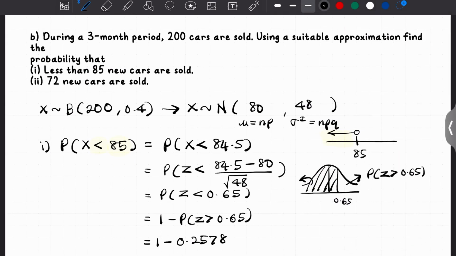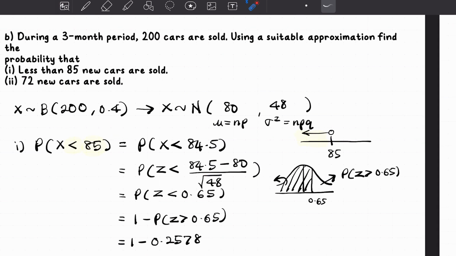Now the second question, the probability of 72 new cars are sold. So we're going to find the probability of X equals 72. But before that, we need to do some continuity corrections. So 72 is going to be here.